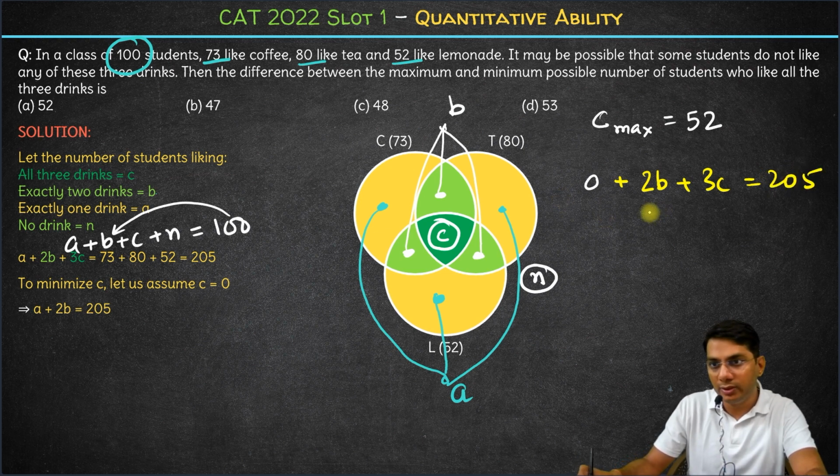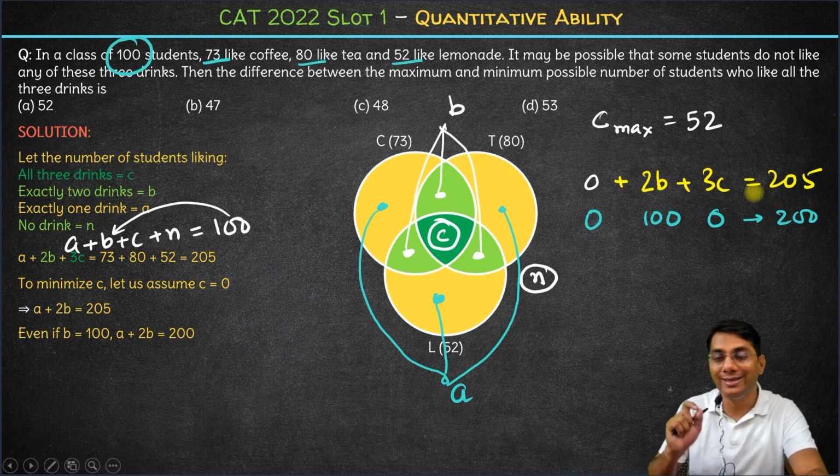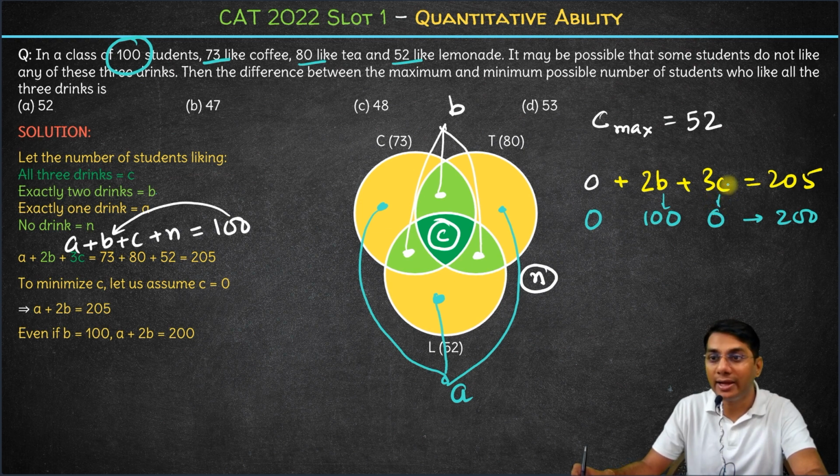If we assume B to be 100 and C and A to be 0, in that case the sum will come out to be 200, but we want the sum to be 205, so we have to increase the sum by 5 points. How can you increase the sum by 5 points? By transferring some of the people from B to C, because C has a higher coefficient.